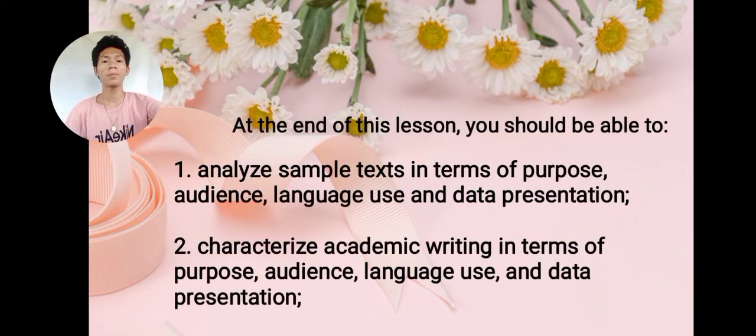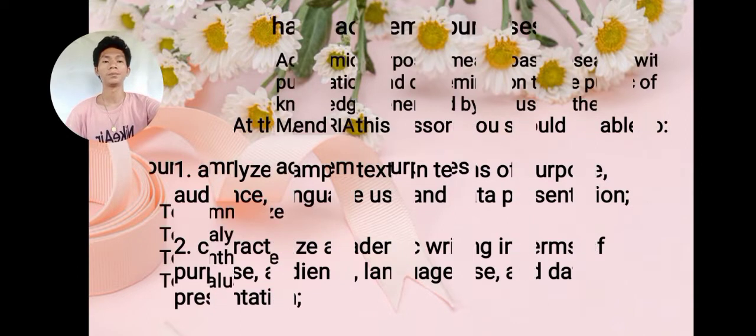The objective is that at the end of this lesson, you should be able to, first, analyze the sample text in terms of purpose, audience, language use, and data presentation, and second, characterize academic writing in terms of purpose, audience, language use, and data presentation.